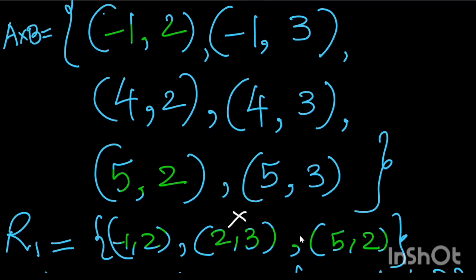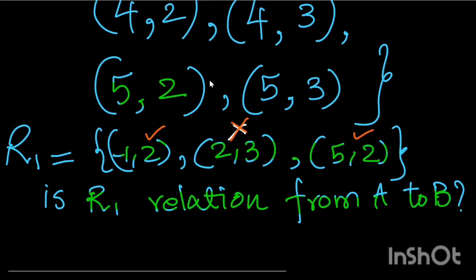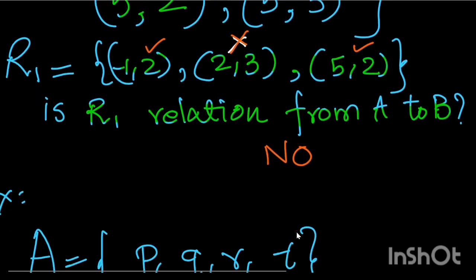So (5, 2) and (-1, 2) are both present, but (2, 3) is not there in A cross B. So if the question is whether R1 is a relation from A to B, the answer would be no. R1 is not a relation from A to B.